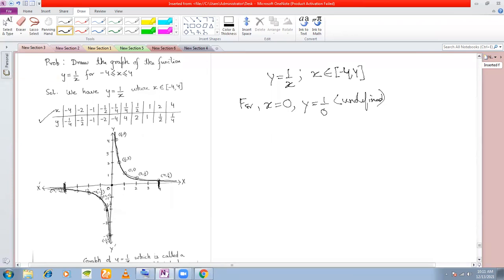Is there any point that you are getting on the graph for x is equal to 0? This branch moves very close to the y-axis, but will not touch the y-axis. Similarly, this branch will move very close to the x-axis, but will not touch the x-axis. So for x is equal to 0, we are not getting any corresponding y. Therefore, we say x is equal to 0 is a point of discontinuity of the graph.